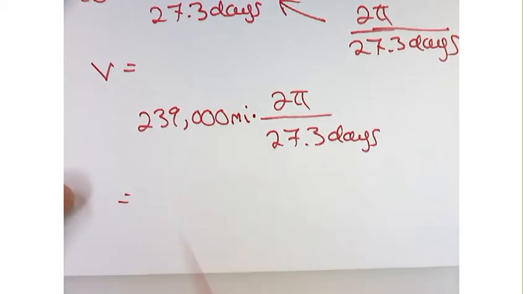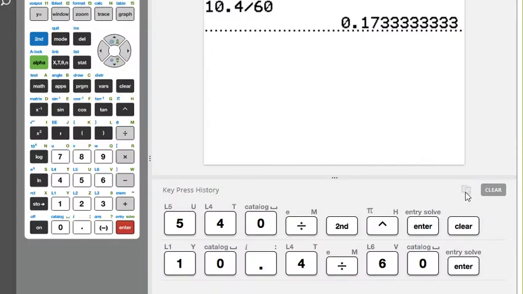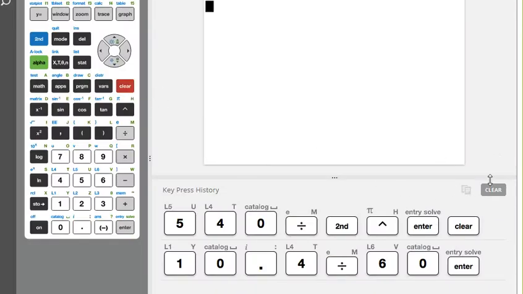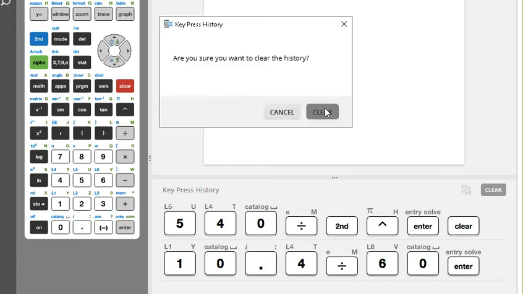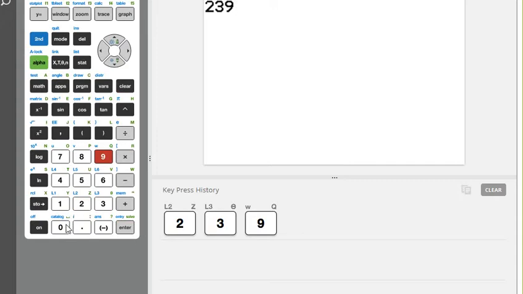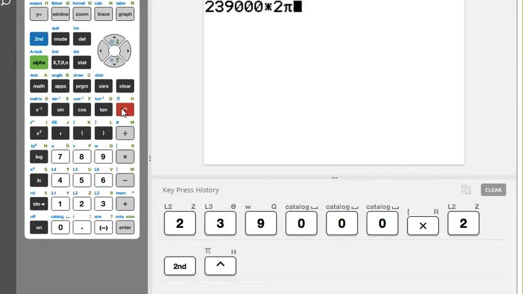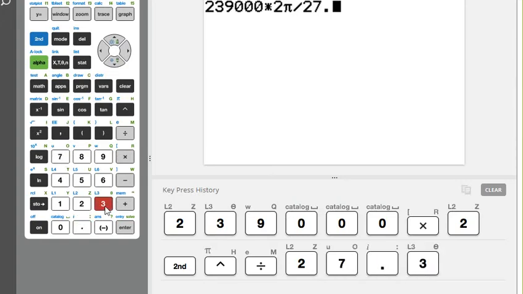So this looks like a job for the calculator. Let me clear out a bunch of stuff here. I want 239,000 times 2 pi, divided by 27.3.